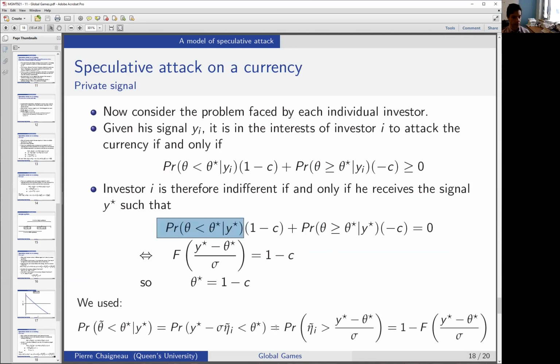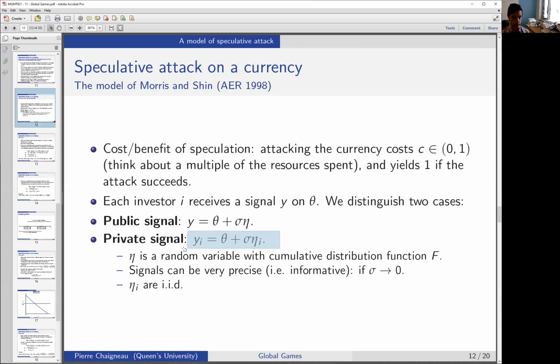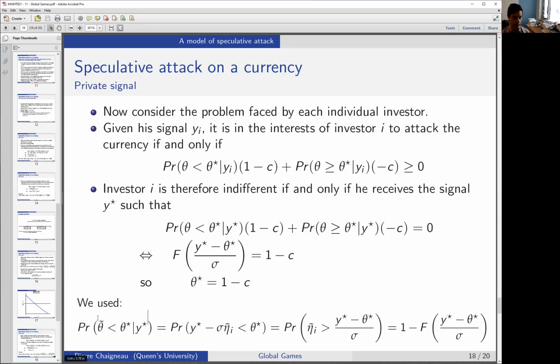So now we know how to solve this, right? We use this expression, which is going to be evaluated at y star. And so theta can be rewritten like this. We isolate the random variable eta, and we use its cumulative distribution function F to get this expression for this probability.